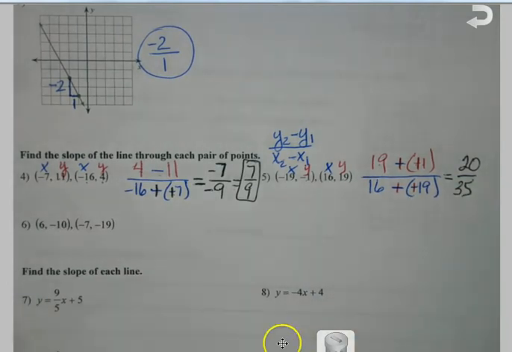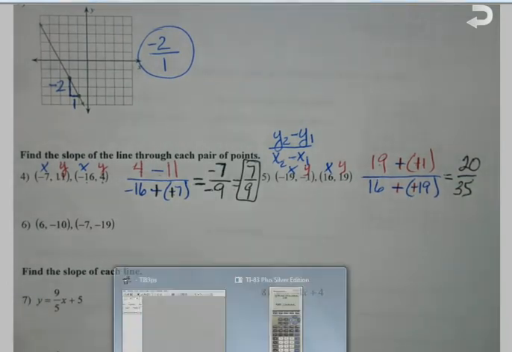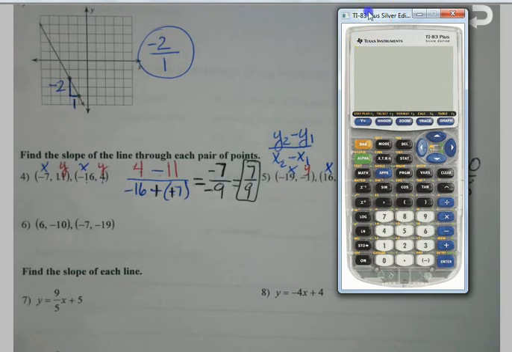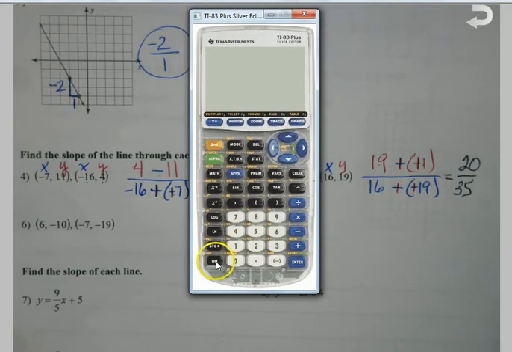Now, if you are not an expert at reducing fractions, and you don't even have to be, here's what I'm going to do if I'm not sure. I'm going to do 20 divided by 35. Now, I'm not just going to hit enter and get this decimal, okay? That doesn't work for slope. I wouldn't want to try to graph that slope. That'd be crazy.